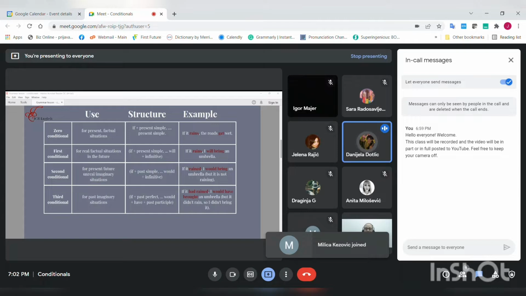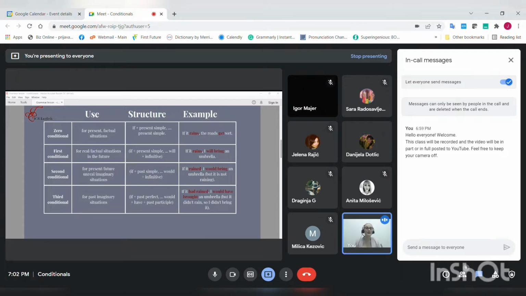For example, if it rains, the roads get wet. Yes, a pretty common situation where we have a situation and a consequence. That's right, yes. When something is a fact, when something generally repeats, when something is generally true.